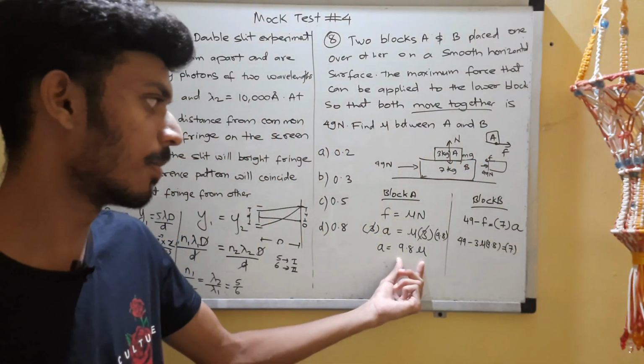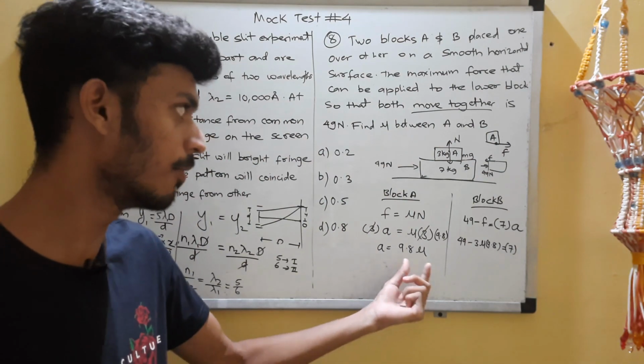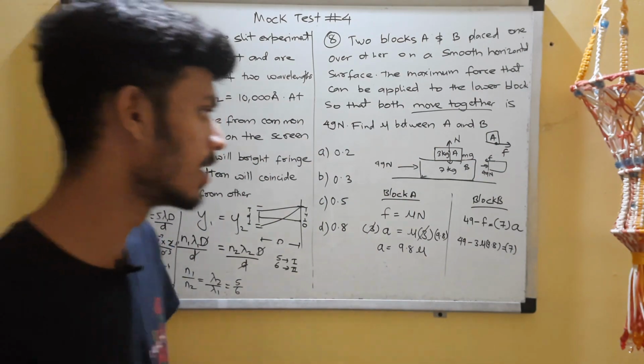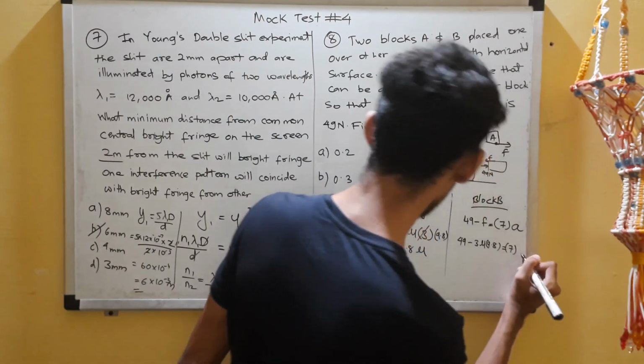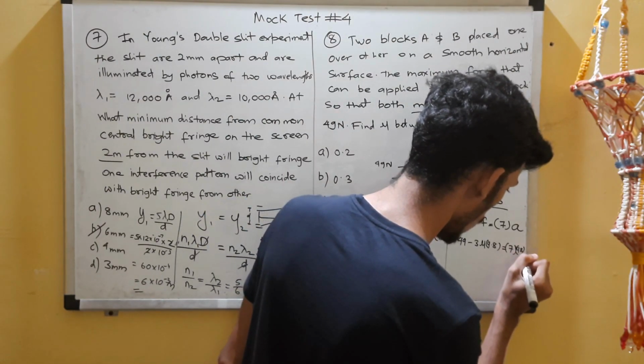We can write a in terms of mu because we want to find mu; we are not concerned about a. So we write a as 9.8 times mu.